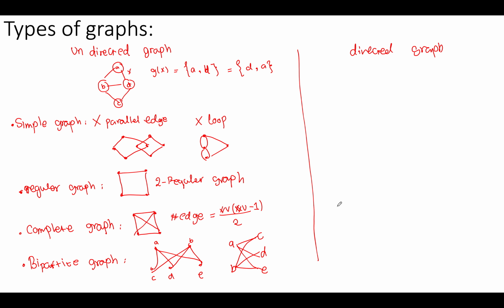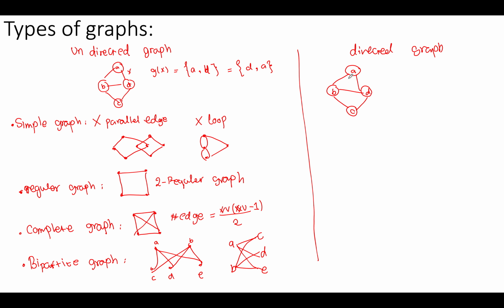The other type of graphs is the directed graph. It is something like the undirected graph. So let's suppose I have the same graph here, A, B, C, and D, and we've got the same connections. However, in the directed graph, the connections should have a direction.